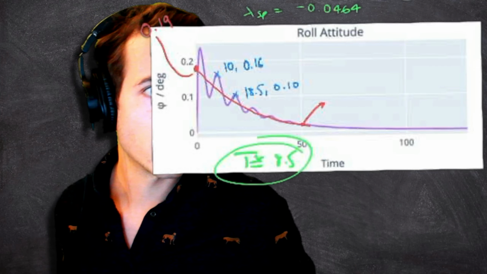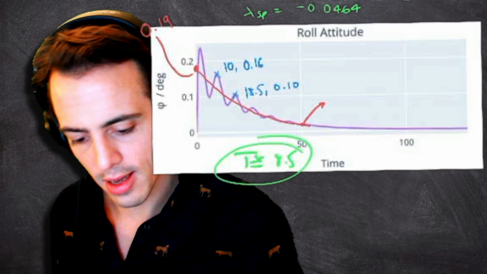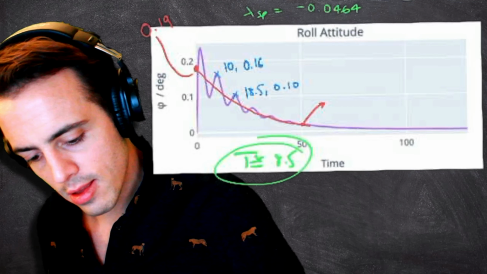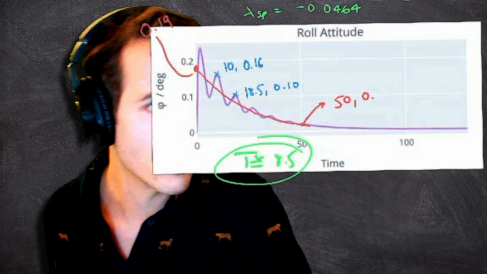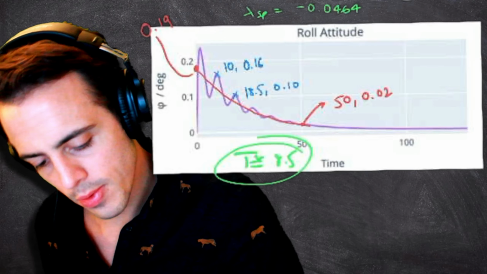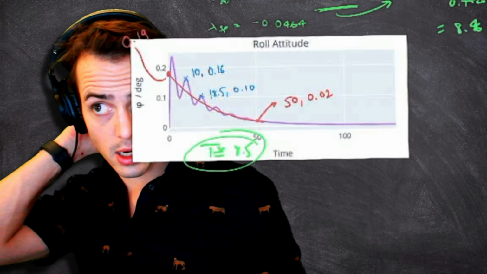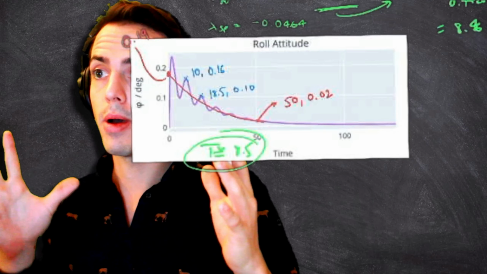So we can then take this point of the data, and over here at 50 seconds, we have 0.02, I think it was, yep, 0.02. So we can then estimate what that spiral mode is.